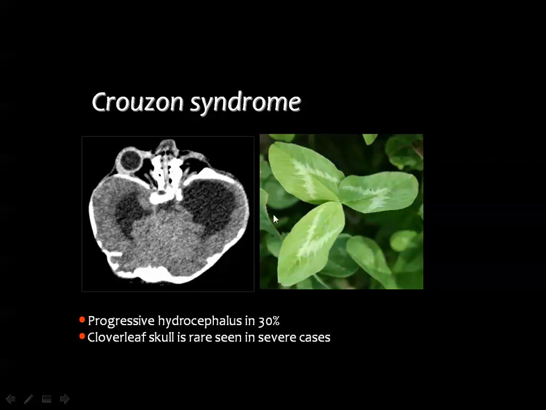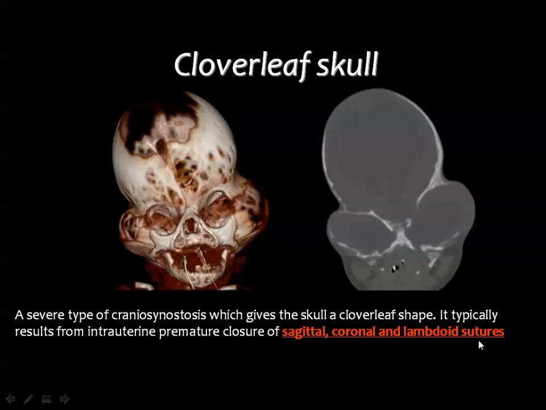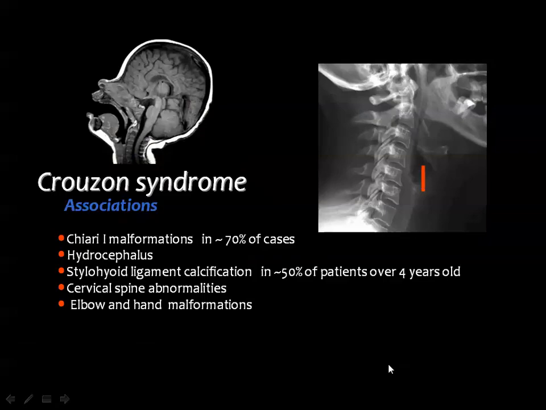And in severe cases, you get this abnormality, which is known as the cloverleaf skull, and also the patient may develop hydrocephalus. And this is the cloverleaf skull in the coronal CT scan and in the 3D reformatted images showing the typical appearance.